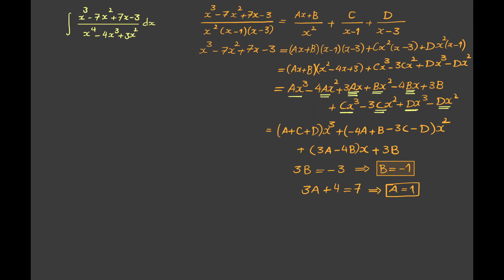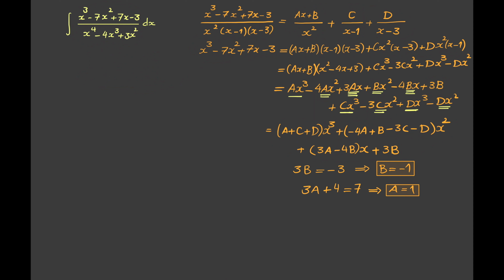Now that a is equal to 1, I go one step backward here. I will take this one and equate it with minus 7. But I also have a and b, so I place them here. So what happens? Minus 4a becomes minus 4, plus b becomes minus 1, so it is minus 5.